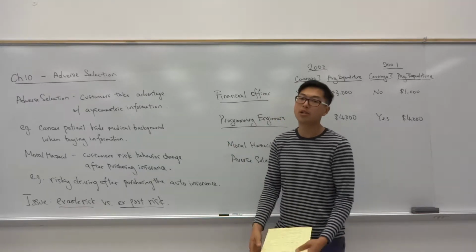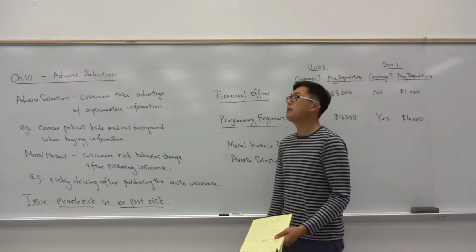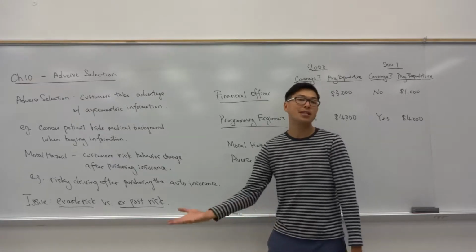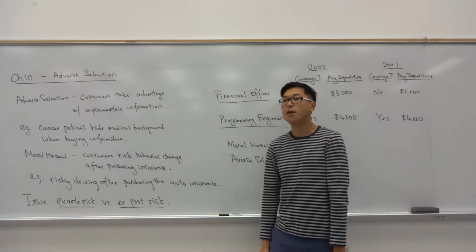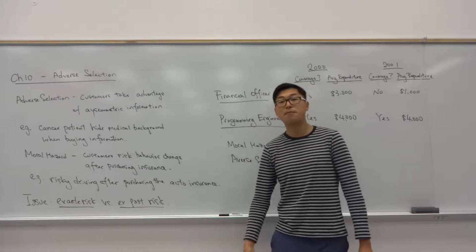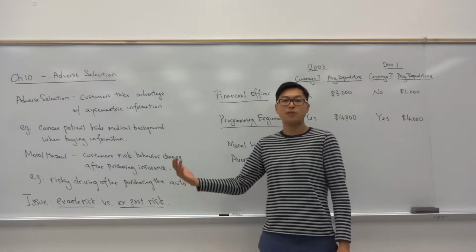You can imagine in the healthcare markets, obviously it happens a lot because there might be some people buying, let's say, a health insurance for diabetes or obesity. Now that they know if I am getting obese or getting diabetes, all the medical bills will be covered by the insurance company.